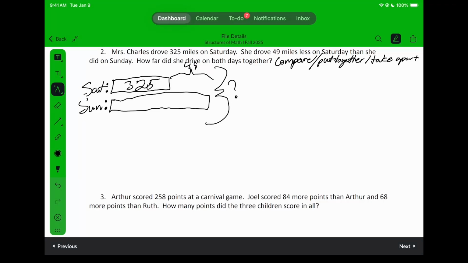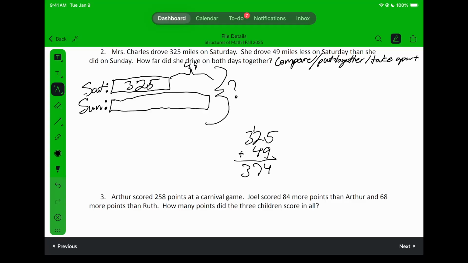So then, how do we solve this? Well, we know Saturday. So that step's already done. If we do 325 plus 49, and get 374, now we know Sunday.